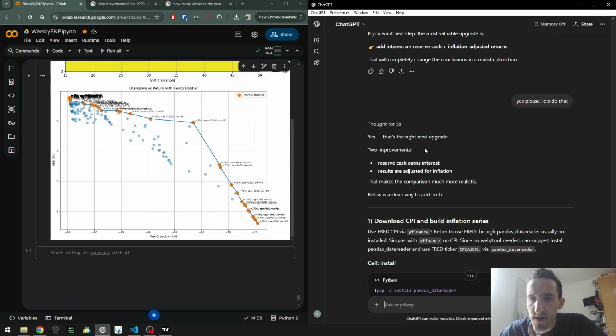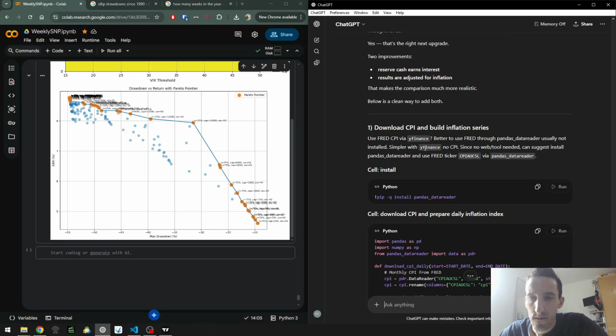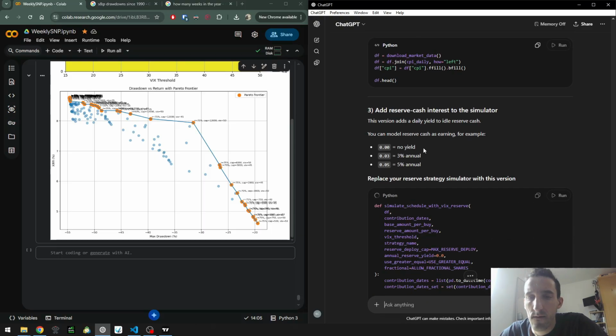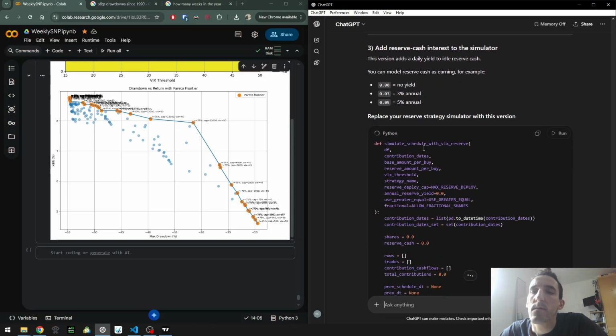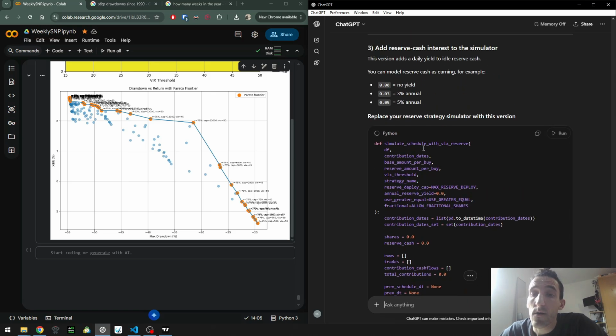That makes the comparison much more realistic. Below is a clean way to add both. Replace your reserve strategy simulator with this version.